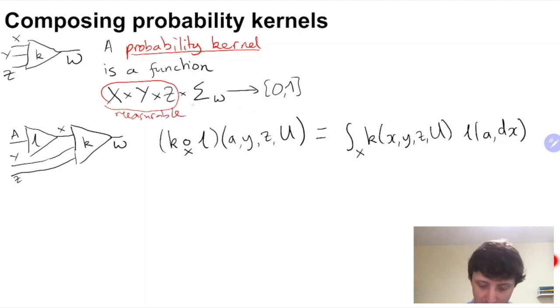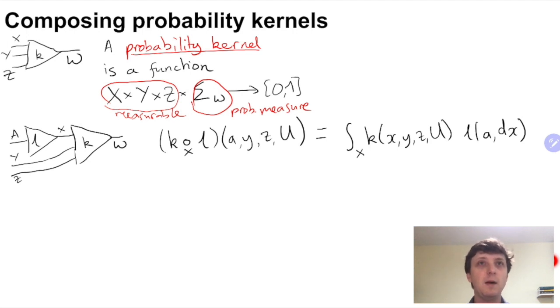And it must be a probability measure in the sigma algebra of the measurable space. The normal distribution is an example of that. It has some parameters, the mean and the variance, and it gives us back a probability measure which depends on those parameters.